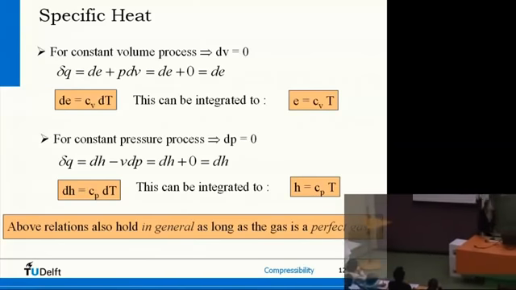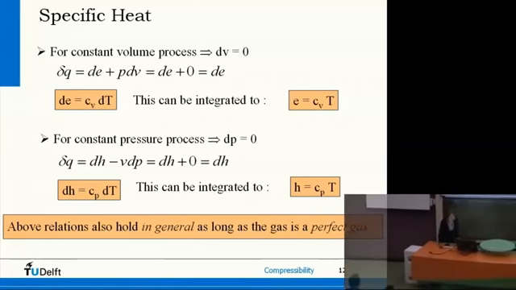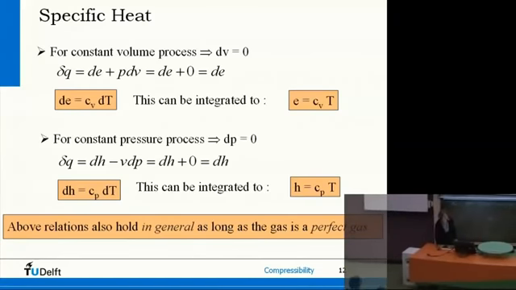I start with a different form, relating the enthalpy to the heat added or subtracted, and that was this form, right? dQ is dH minus VdP. Constant pressure, so dP is 0, so direct relation, changes in enthalpy per unit mass is equal to changes in heat.